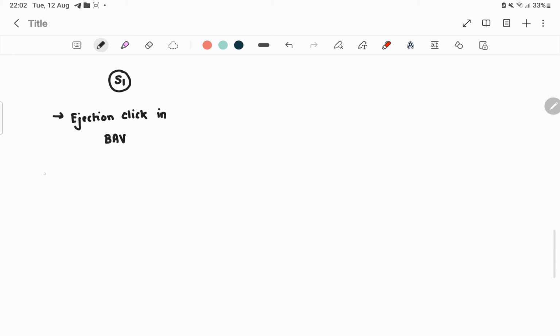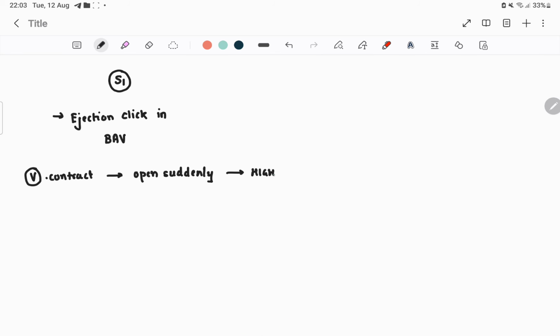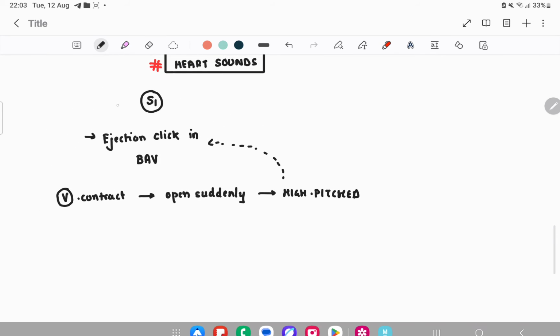What happens is that the ventricles contract, and the stiff, stenosed valve opens suddenly. So it produces a high-pitched sound just after S1, which is called the ejection click. Okay, so this is the reason for the ejection click in BAV.